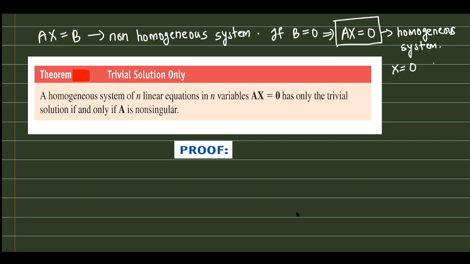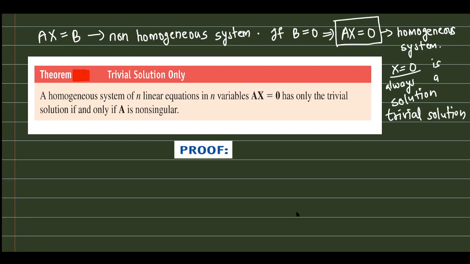So x equal to 0 is always a solution for a homogeneous system, and this solution is called the trivial solution.